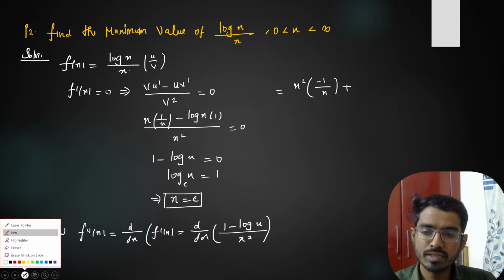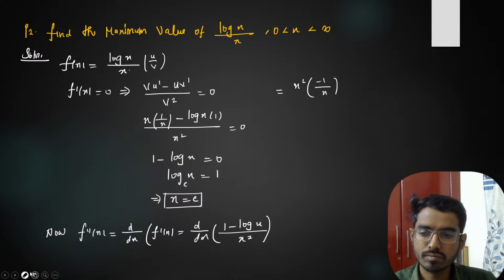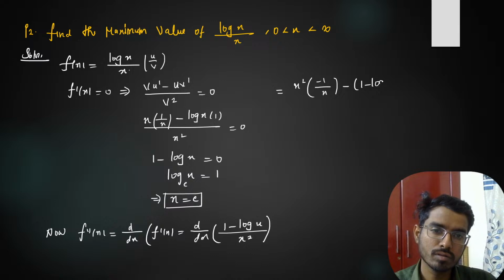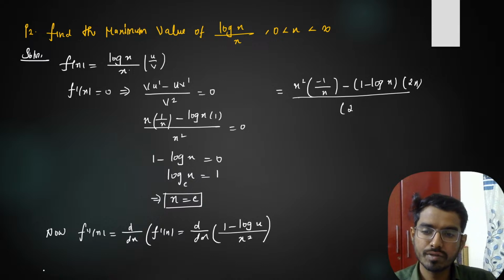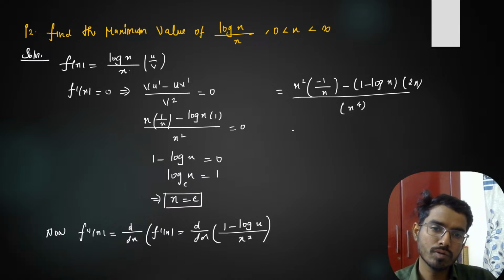minus 1 minus log x into 2x. v into u dash minus u into v dash whole divided by v square. v square is x power 4. So this will be minus x minus 2x plus 2x log x whole divided by x power 4.